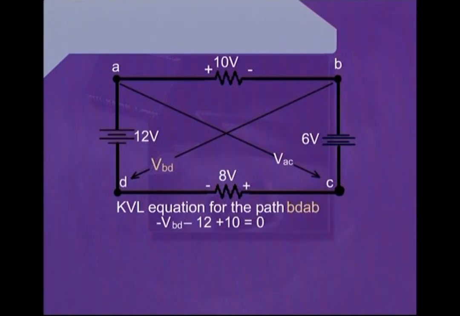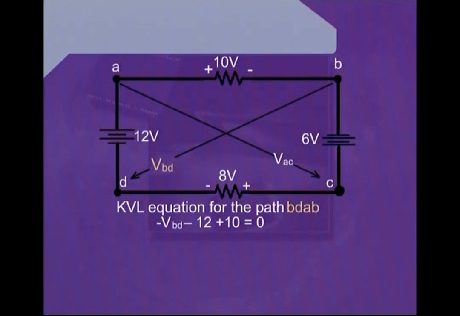After writing plus 10, we go through this resistance element to reach at the point B, which is once again our starting point. After reaching at the point B, we can equate all this expression to 0.